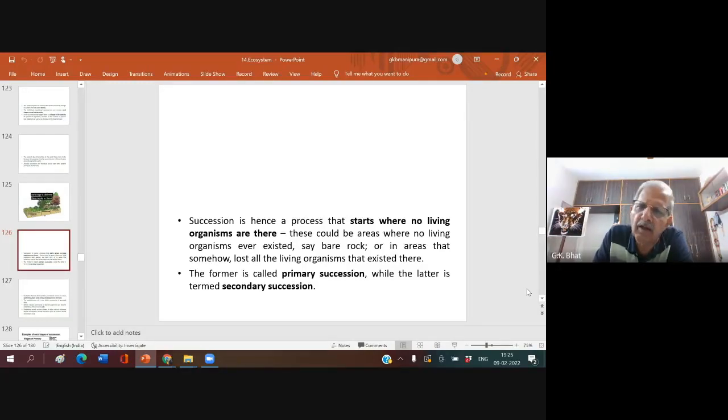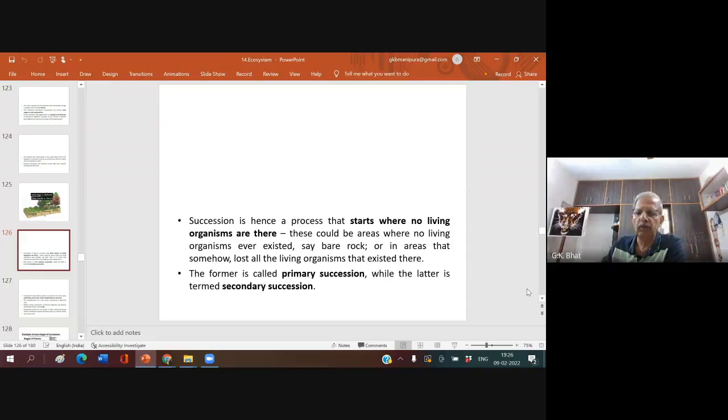All the existing species got killed. After some time, the water recedes, and you find that the populations that existed there got removed, but after some time another new population starts appearing. So succession is of two types.